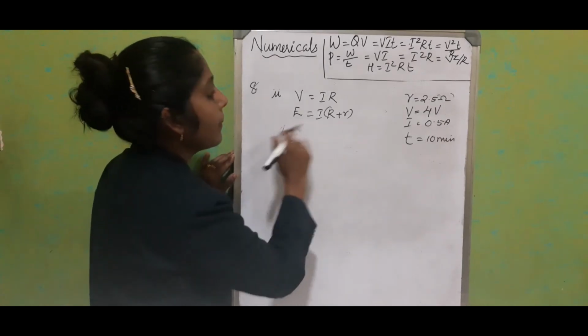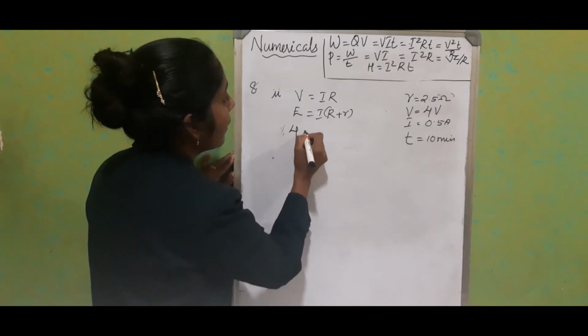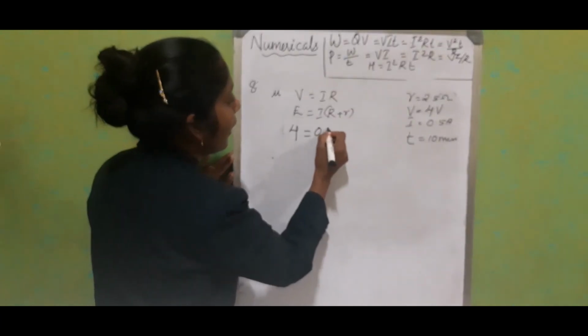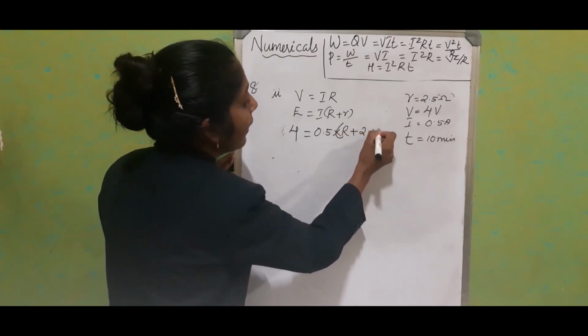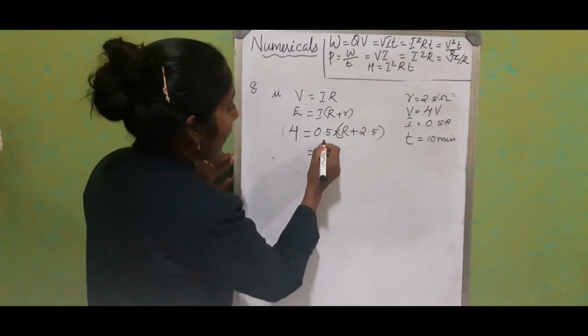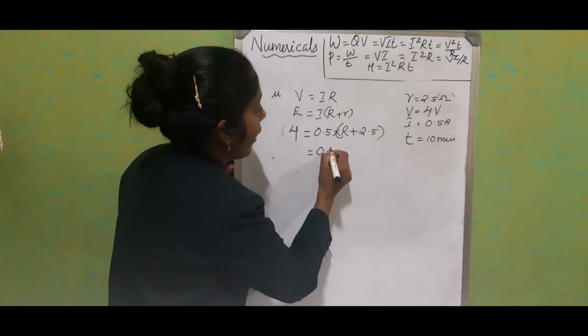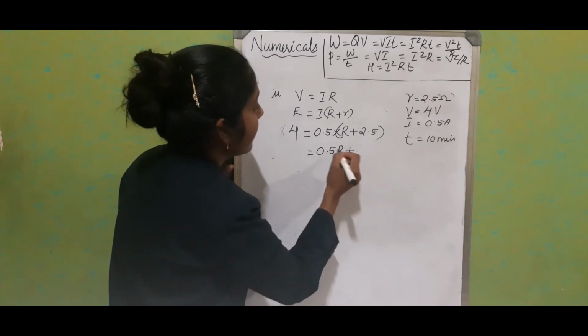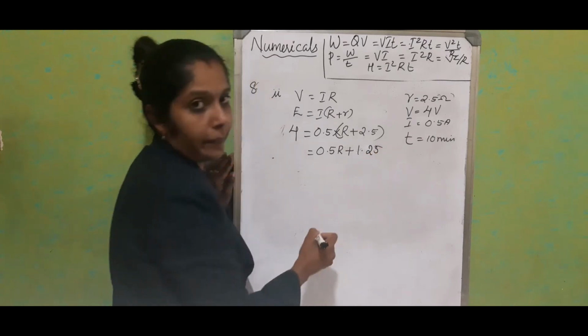From this equation, let us find out the resistance. I will substitute the values and see. What is V here? 4 is equal to 0.5 into R plus 2.5. We will open the bracket just for the calculation: 0.5 R plus 0.5 into 2.5, that is 1.25.